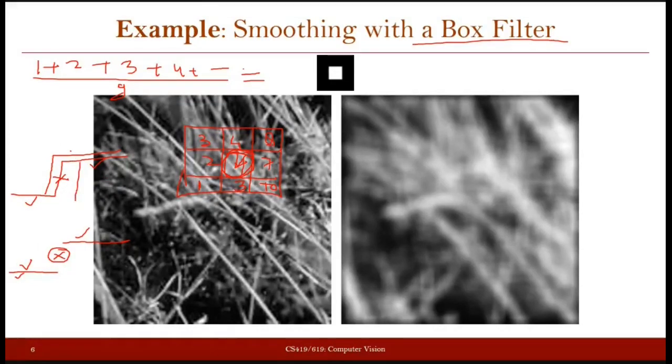Let's say earlier the difference was this much. Now the difference has only become this much. Okay? So whatever high value you have in your image will reduce, and whatever low value you have in your image will increase. So it will create a kind of smoothing effect on your image.